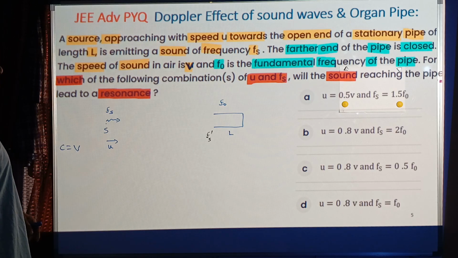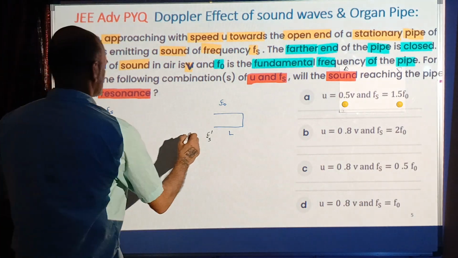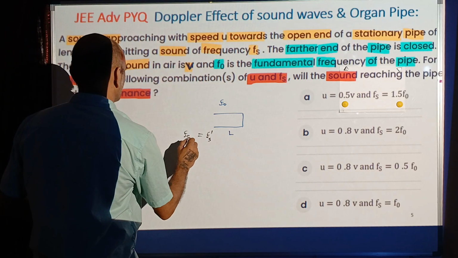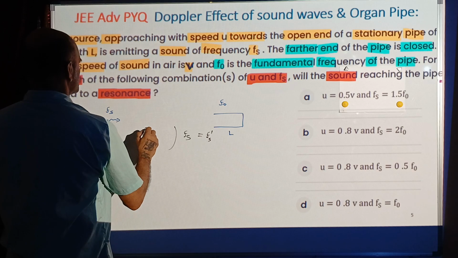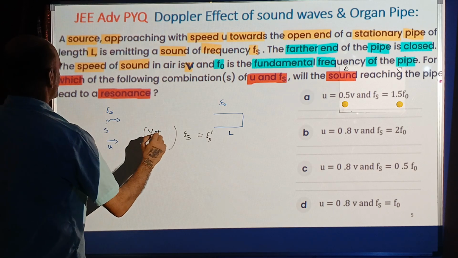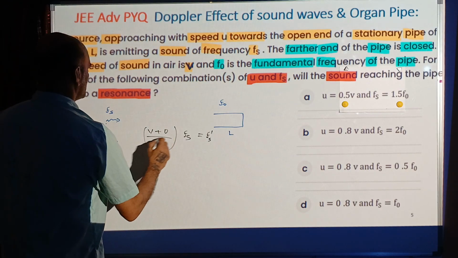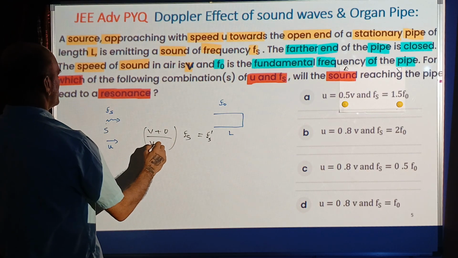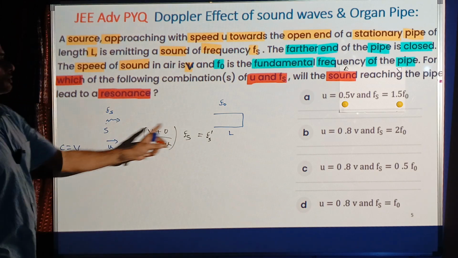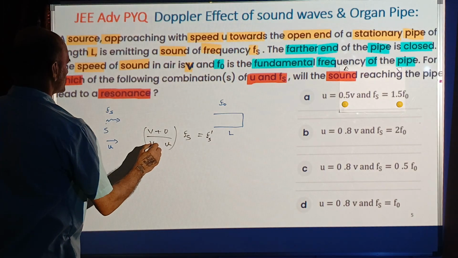Because the source is moving, the frequency will change either because of the source moving or the observer moving. So this Fs prime is related to Fs by a factor: C, which is the speed of sound v, plus or minus the velocity of the observer, which is this stationary pipe with 0, divided by c, the sound speed, plus or minus the velocity of the source, which is u here. Since the source is approaching this stationary observer, which is the pipe here, the frequency will increase, so the denominator has to be less.